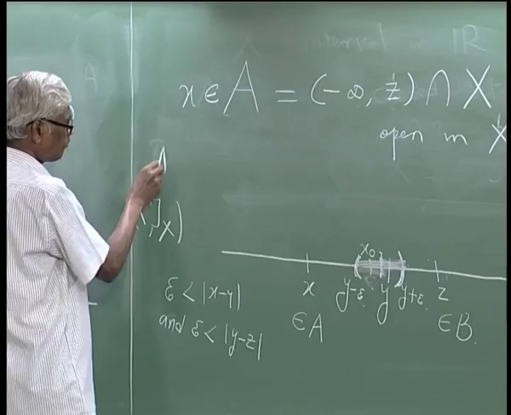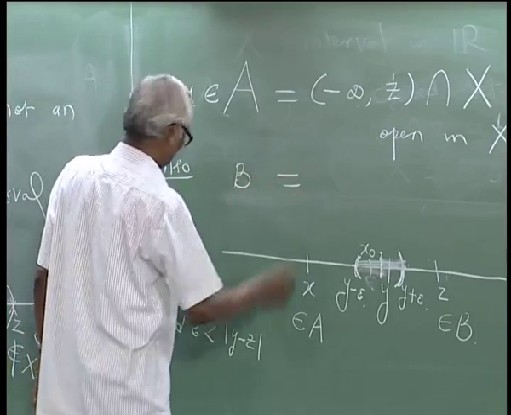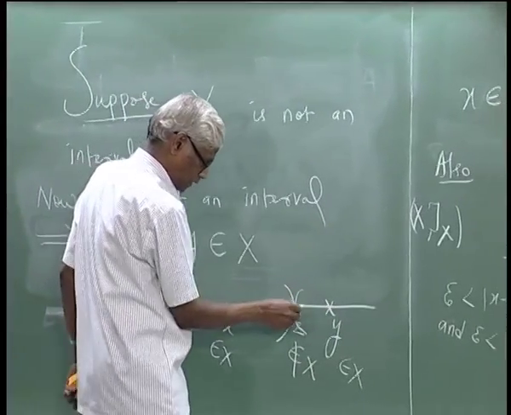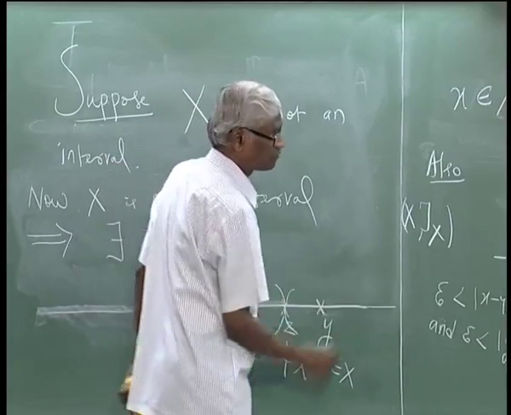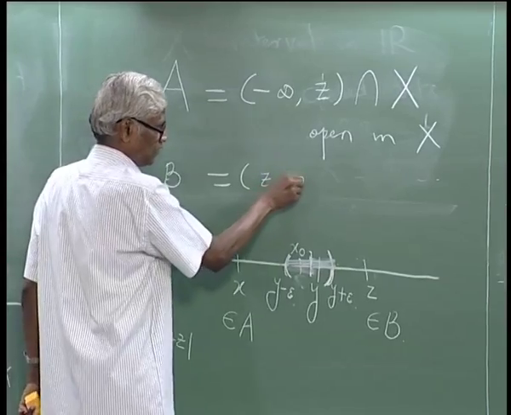So, A is a non-empty open set in X, and also consider B from the other side, the open interval Z to infinity.